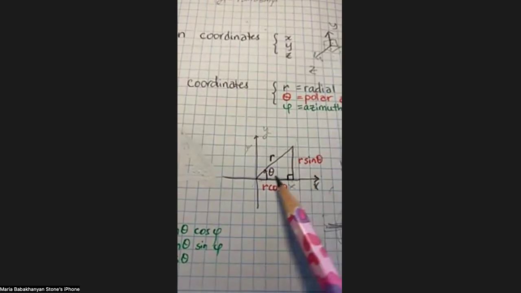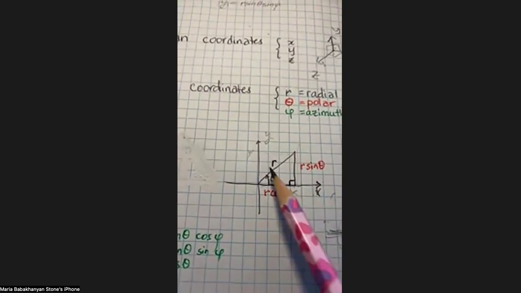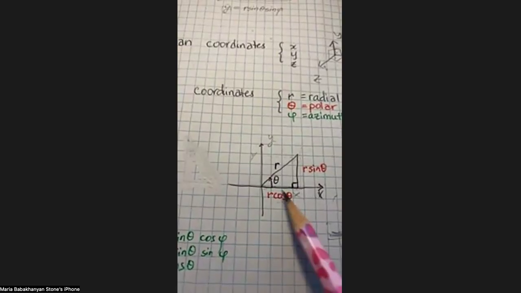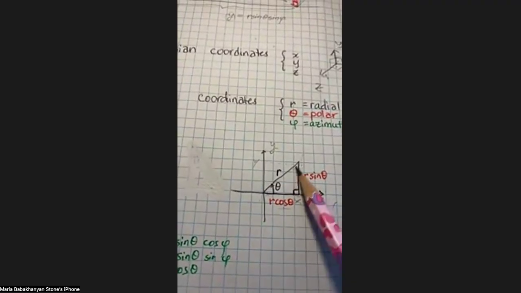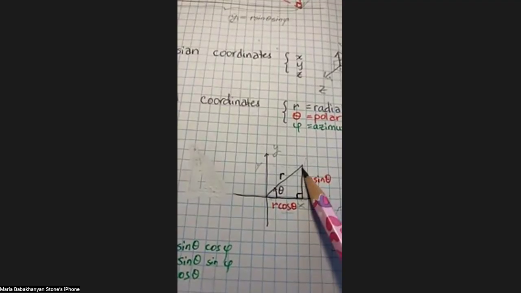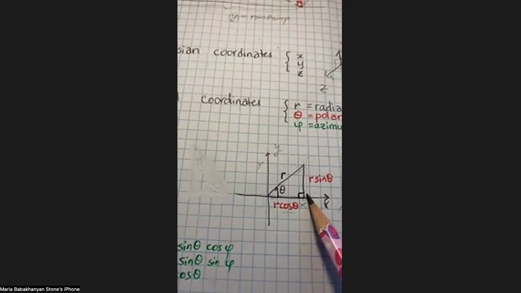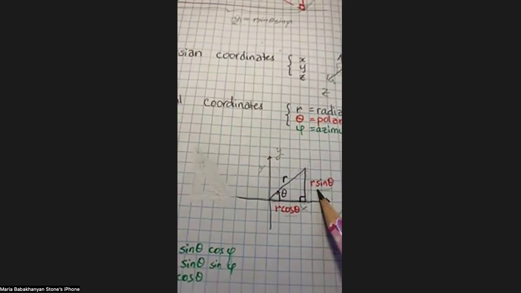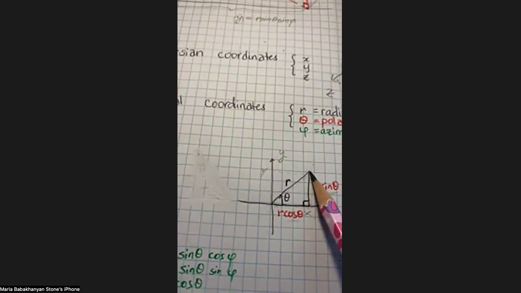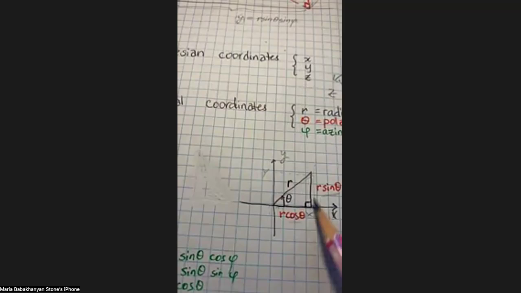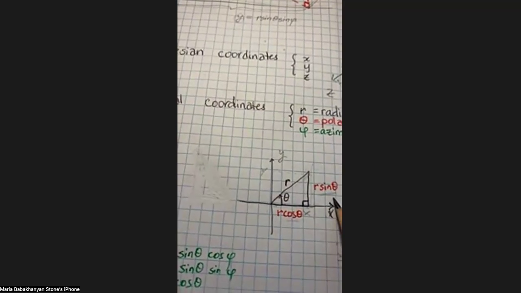So I remember from my high school in Armenia, the cosine is when the adjacent side over the hypotenuse is the cosine of an angle, and the side in front of the angle, if you divide by the hypotenuse, then you get the sine of that angle.